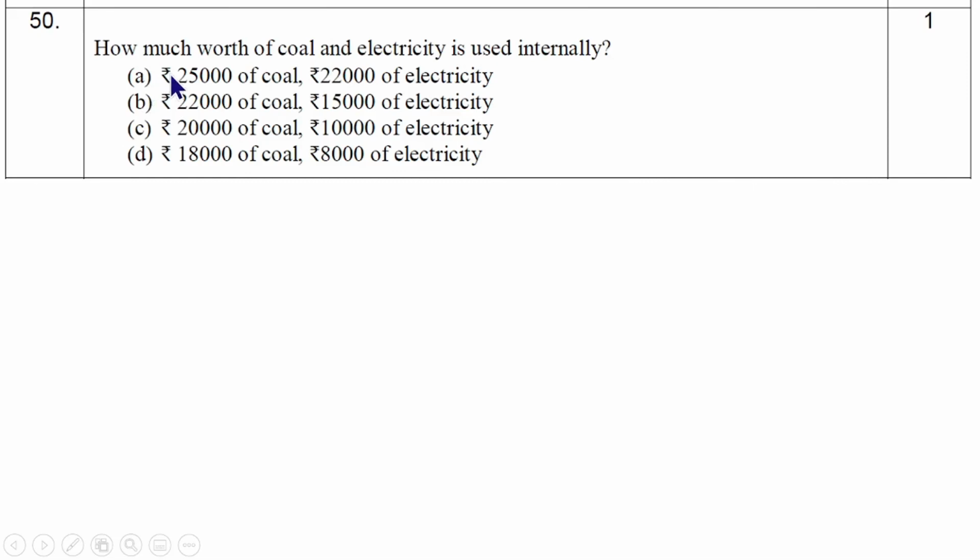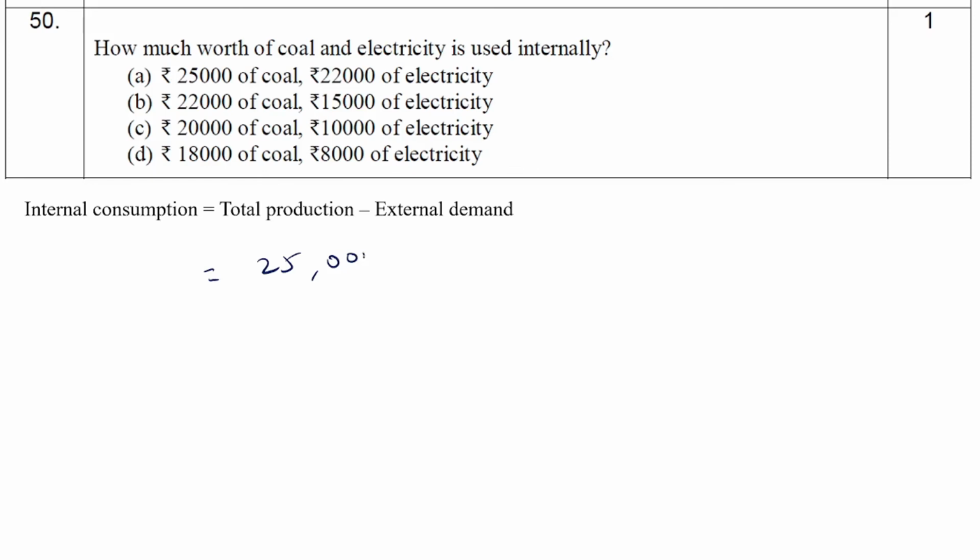The next question: how much worth of coal and electricity is used internally? So we need to find the internal consumption of coal and electricity. We know internal consumption is equal to total production minus external demand. We just now calculated total production as 25,000 and 22,000, and external demand was given as 7,000 and 14,000.